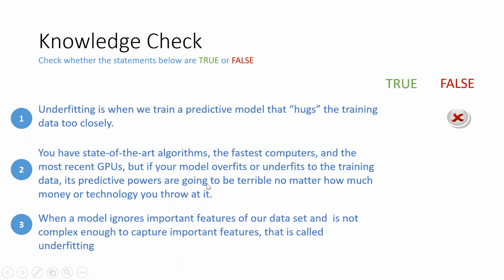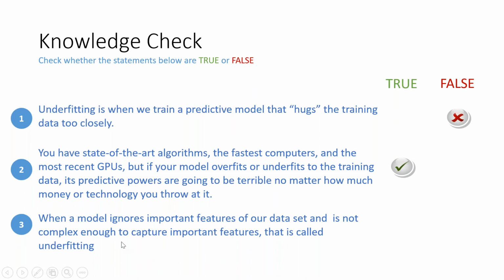True or false? True. It is not about technology. It is not about a smart algorithm. It's not about the speed at which you are able to compute. All these are useless if the model you have created is either an overfit or underfit. So it is a true statement.